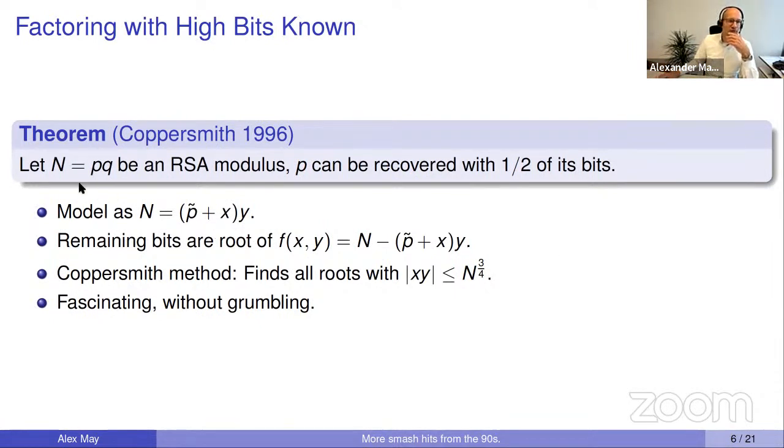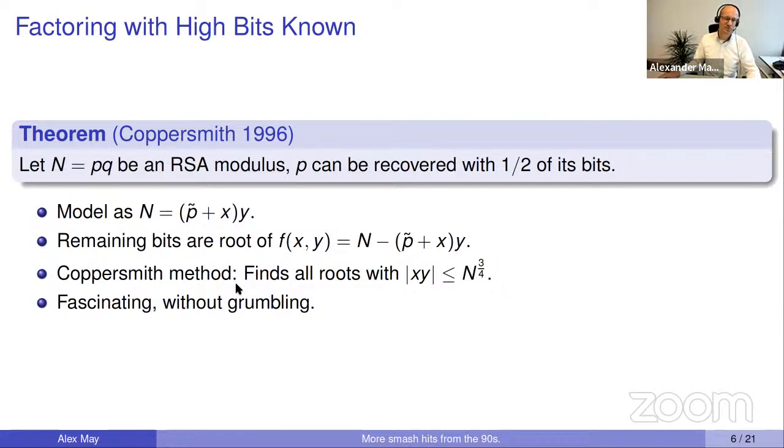It says the following: if you have an RSA modulus N, a product of P and Q, then the factorization can be recovered given half of the bits, let's think of the upper bits of P. Again, we model it: N is the upper bits of P plus X, which are the lower bits of P, times Y, which is Q. And again, we write it as a polynomial, now a bivariate polynomial in X and Y, and it holds over the integers.